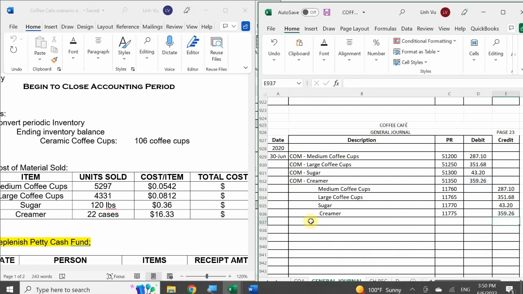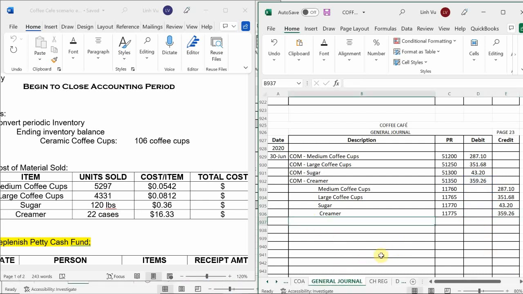This is going to be considered the adjustment entry for business supplies sold, used or sold, whatever you want to use. I'm going to say used.